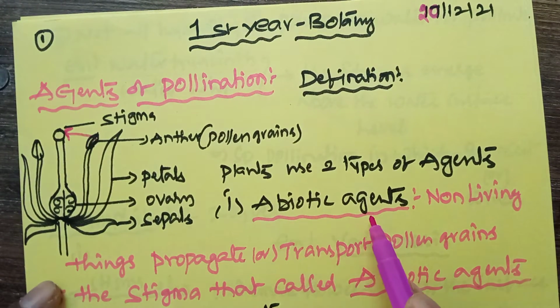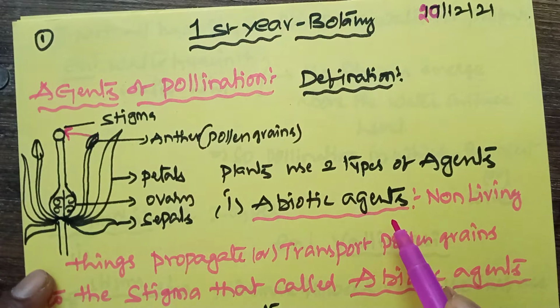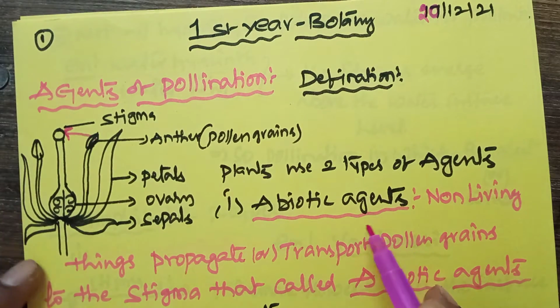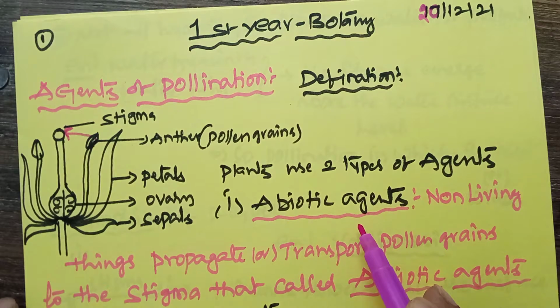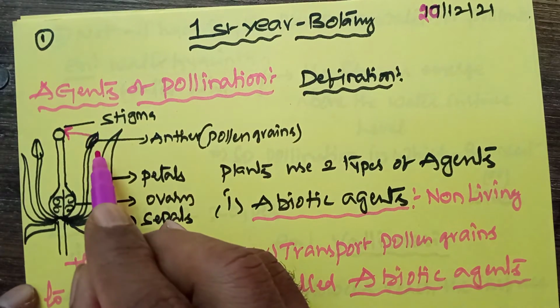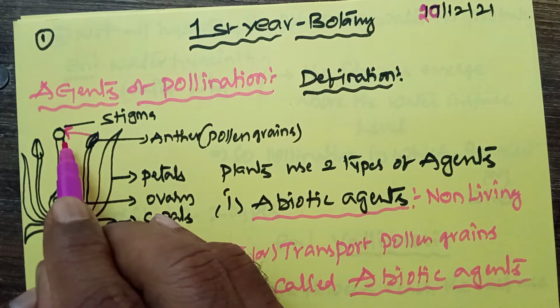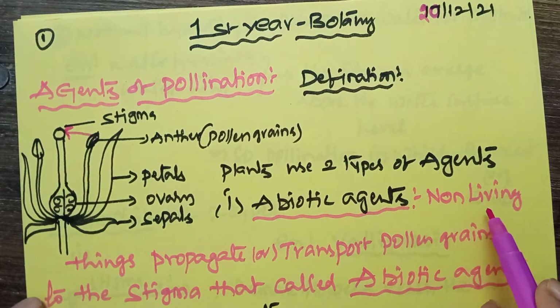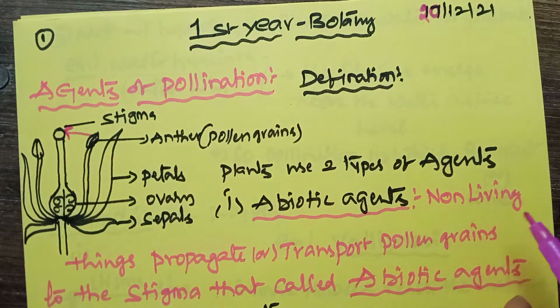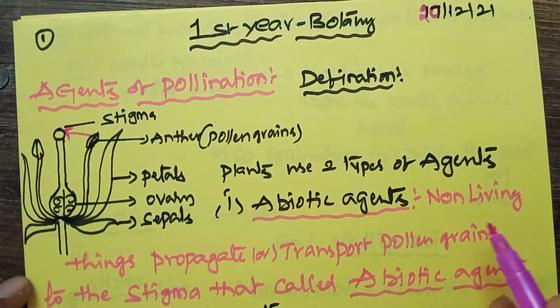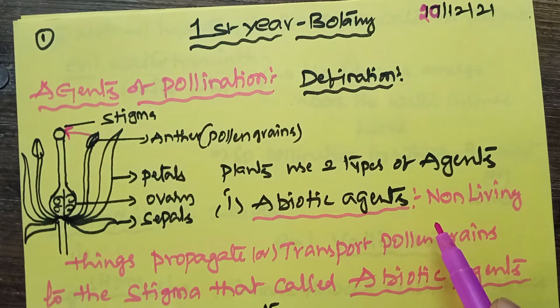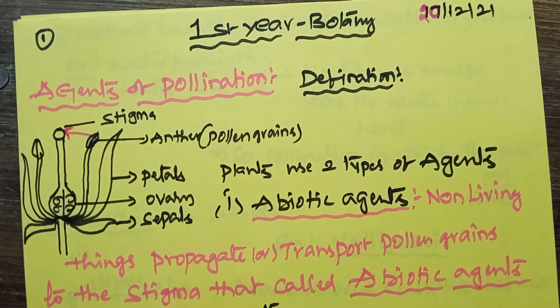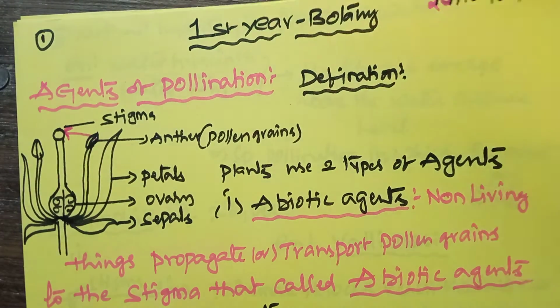So abiotic agents means that in this pollination process, non-living things participate to transport pollen grains from the anther to the stigma. There are two types of non-living things, in the form of wind and water.